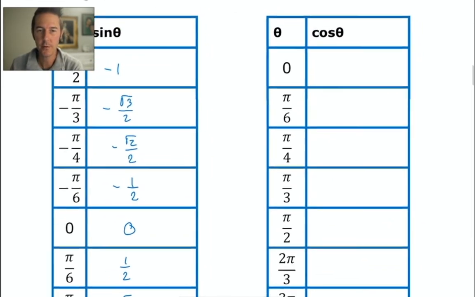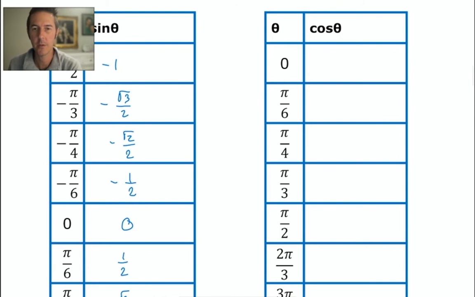Let's go through that same process for cosine. Notice the left-hand column here is different because we're going from 0 to pi. It's a different restricted domain. Cosine starts out on the y-axis at its maximum, so 0, 1, and then it starts descending.